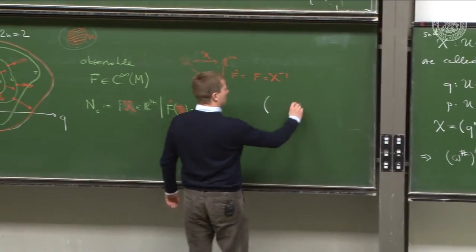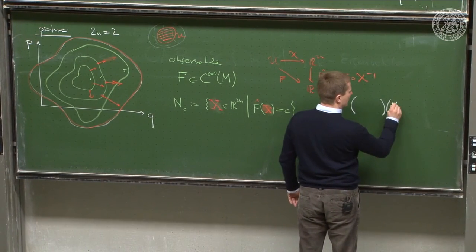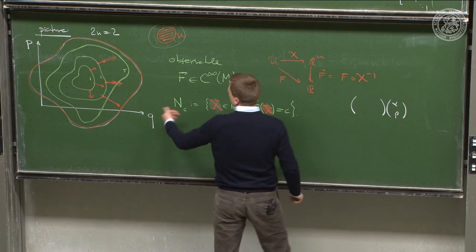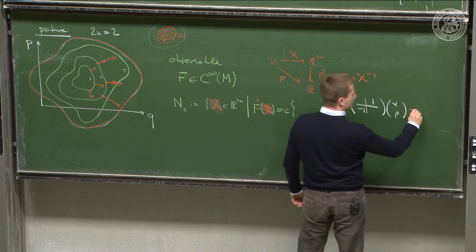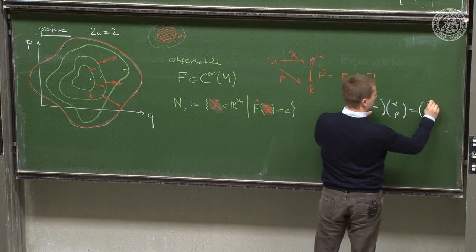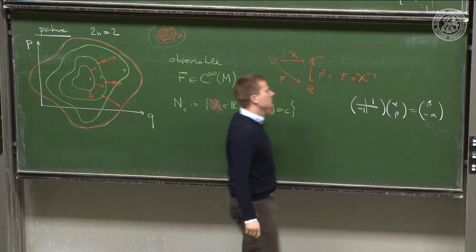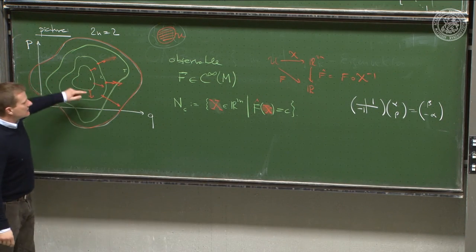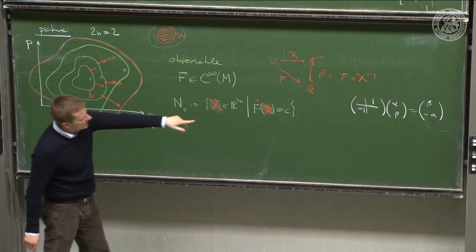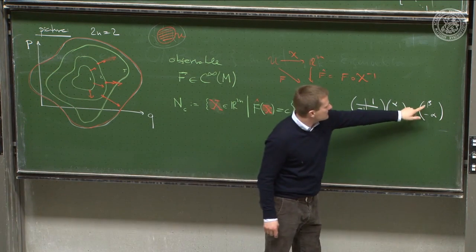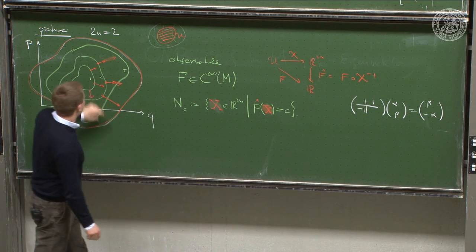Well, assume our covector field has components alpha and beta in the q and in the p direction, and then I act with this guy on it. What I get is, of course, beta and minus alpha. So that means the resulting vector field, now it's really a vector field, actually is the y component of this one.